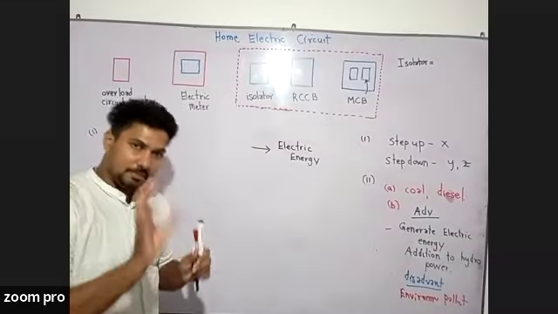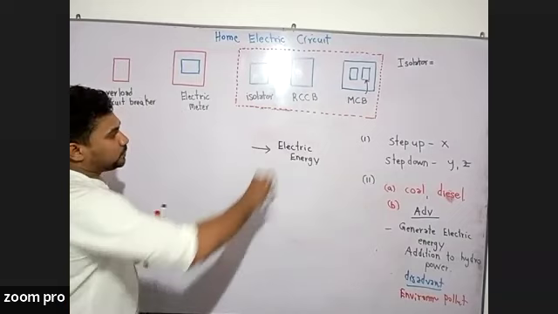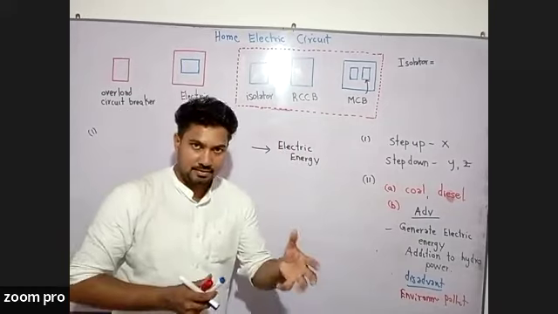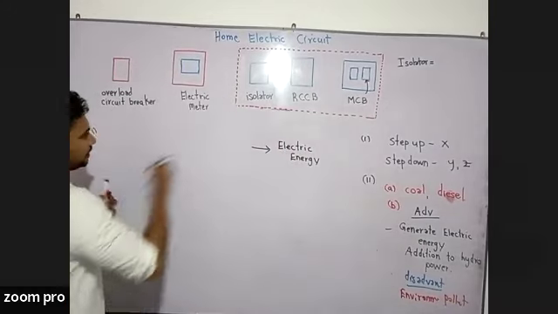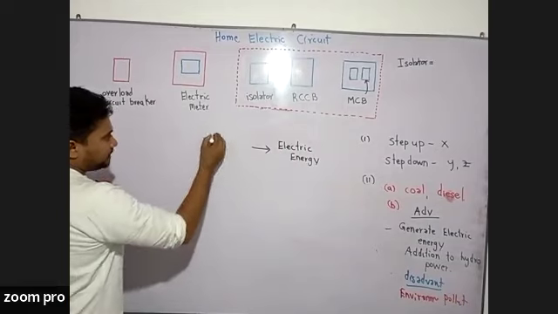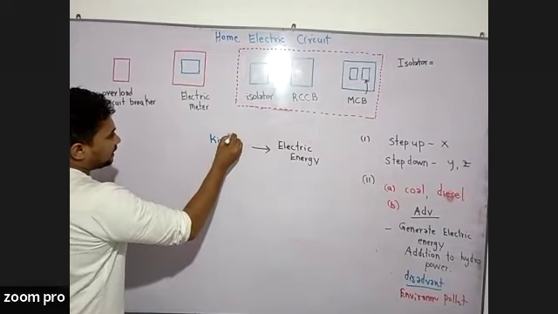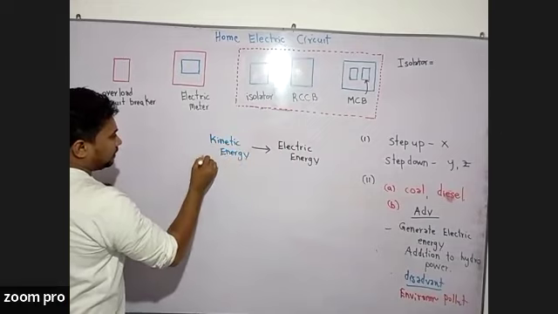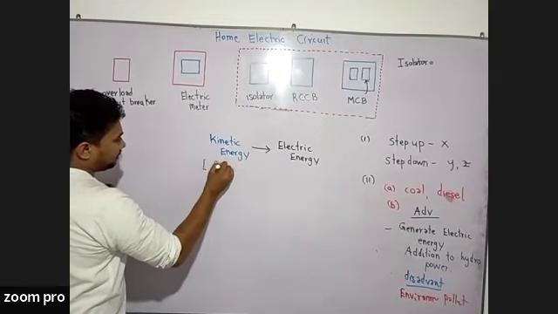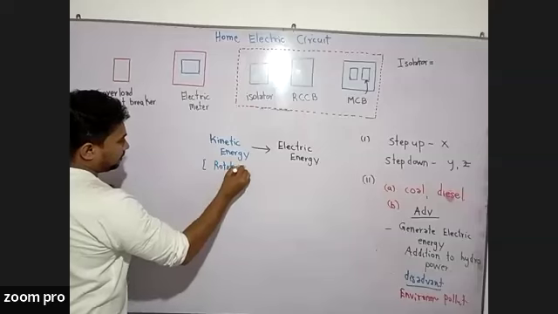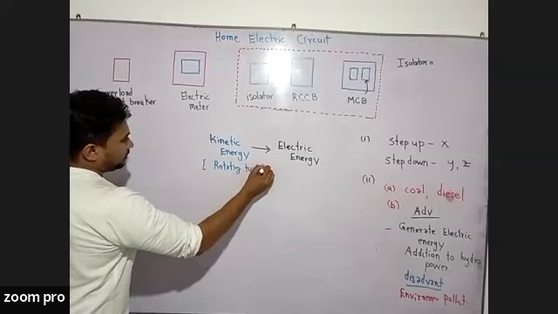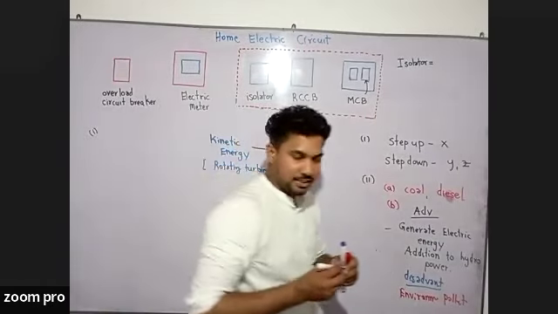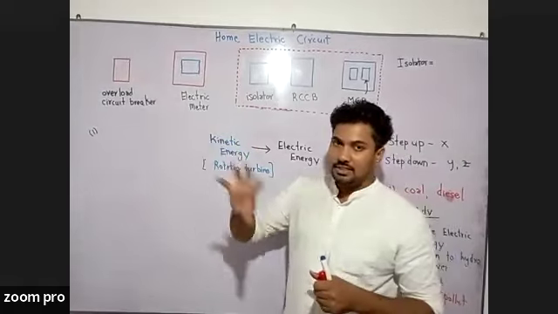In a power station, to generate electricity, we have to rotate the turbines, right? Rotating turbines means it's obviously kinetic energy. So to rotate these turbines, or to create the kinetic energy, we use several sources.